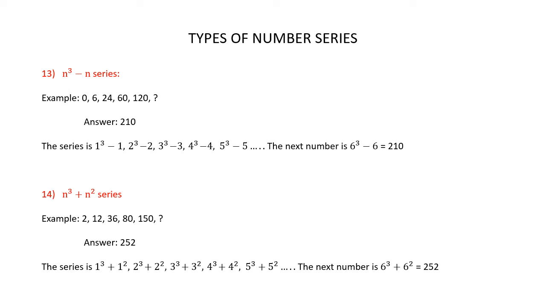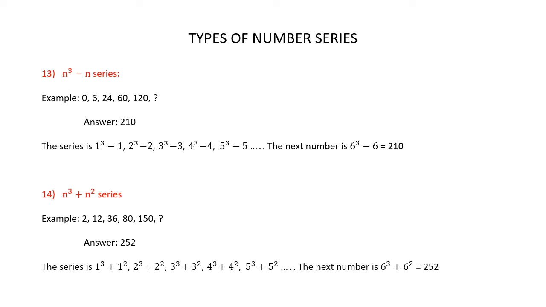That is, 1 cubed plus 1 squared is 2. 2 cubed plus 2 squared is 12. 3 cubed plus 3 squared is 36. 4 cubed plus 4 squared is 80. 5 cubed plus 5 squared is 150.